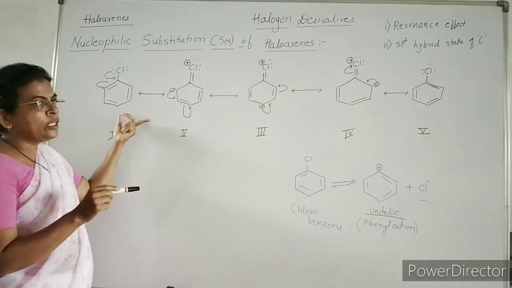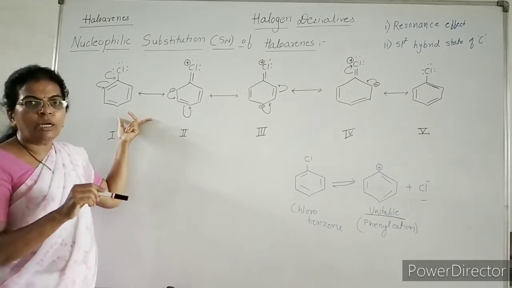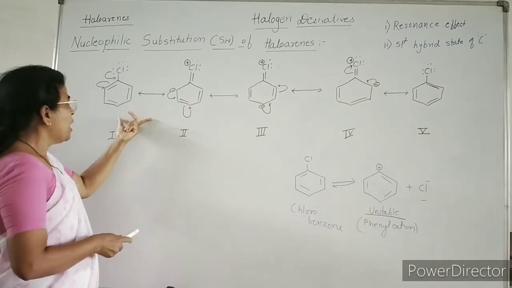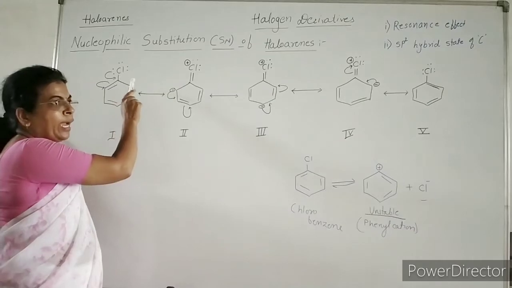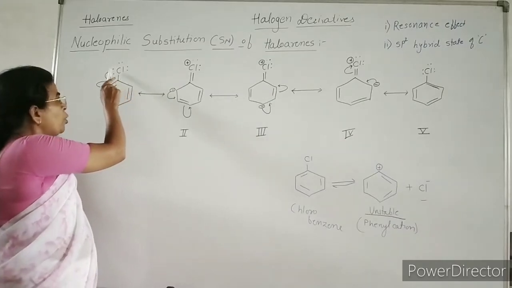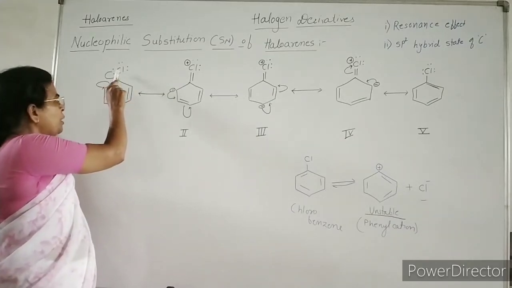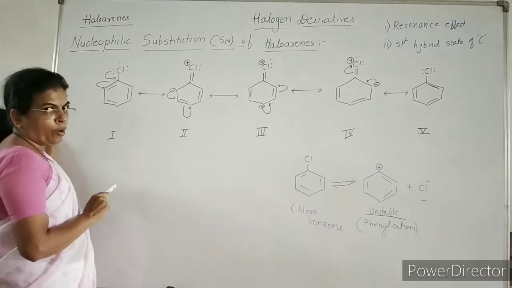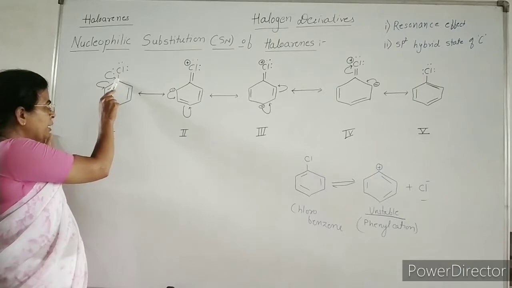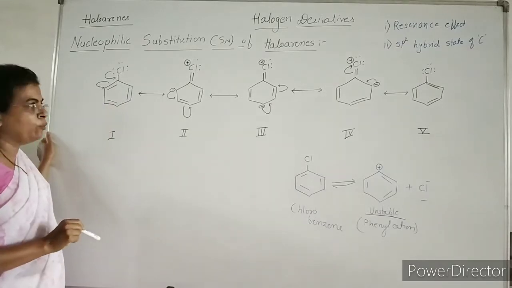In the case of the resonance effect, we know that delocalization of electrons takes place. By delocalization of electrons, the lone pair of electrons of chlorine gets shifted in between the carbon and Cl bond, and therefore the valency of this carbon becomes 5.